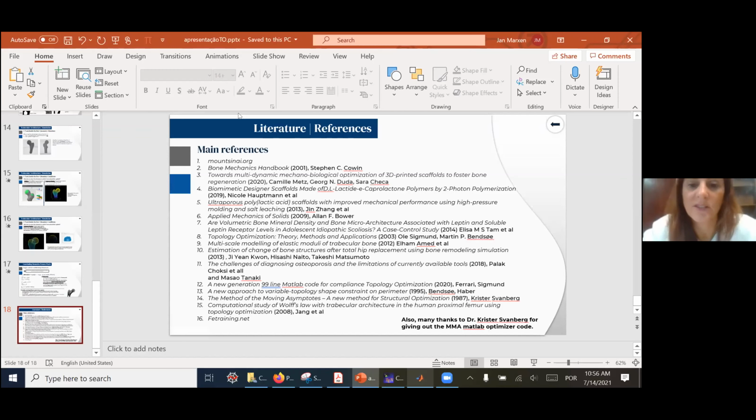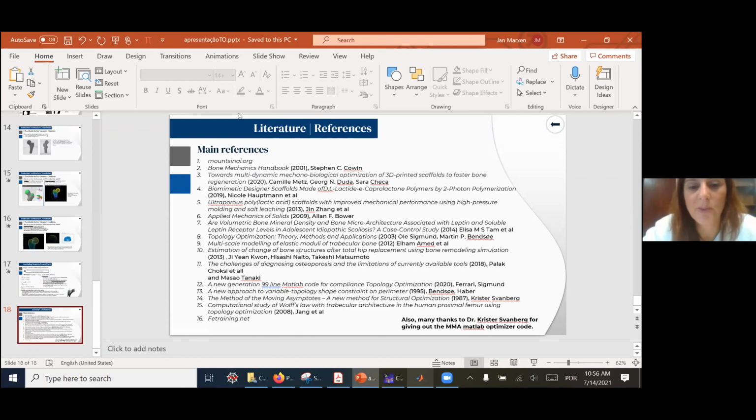So this is a joint work that intends to accelerate bone regeneration, and will be an opportunity to optimize solutions for human patients that deal with bone fractures, for instance.